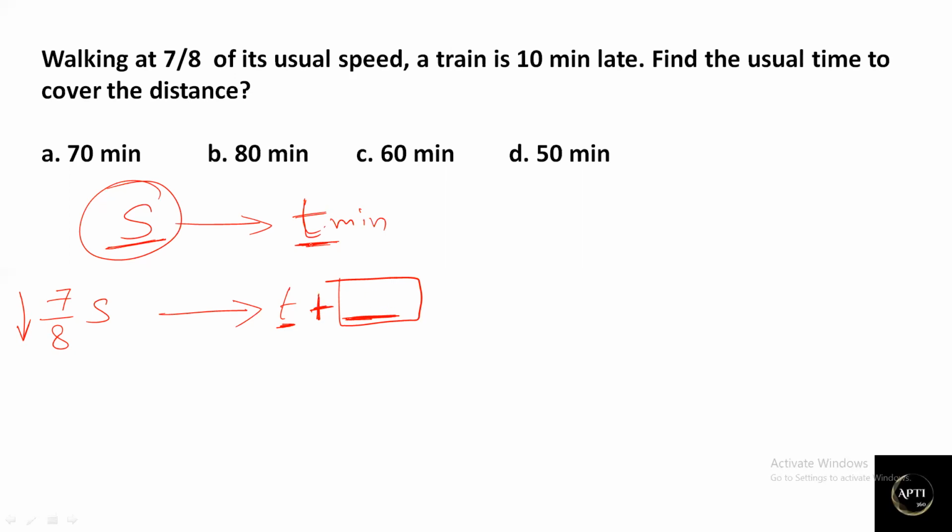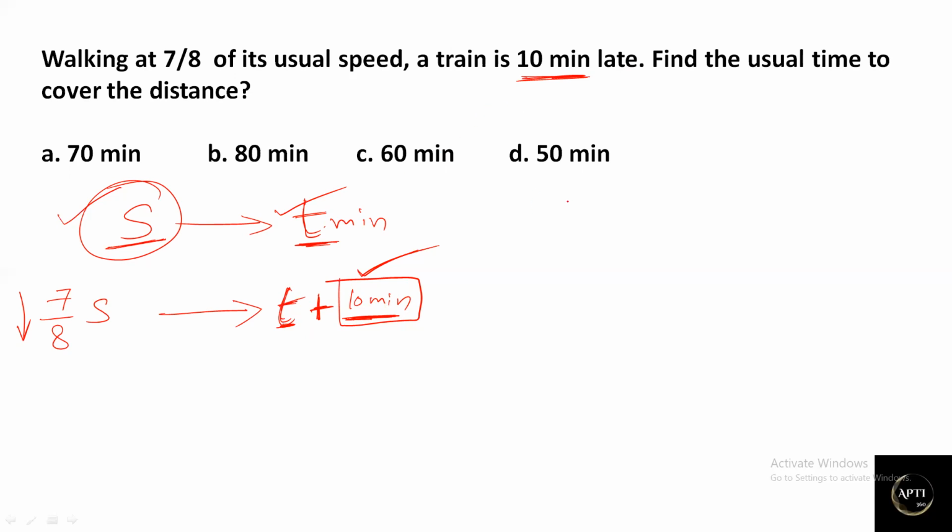Now here, find the usual time taken to cover the distance. If I go with the usual speed, I will take time t minutes. If I go with reduced speed, I will take time t plus extra time. How much extra time? Here I am late by 10 minutes, right? So I am taking 10 minutes extra. Why am I taking 10 minutes extra? Because I reduced the speed.